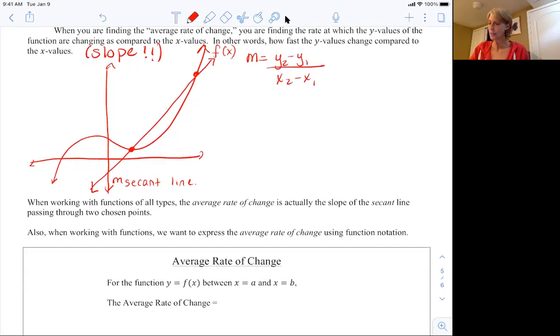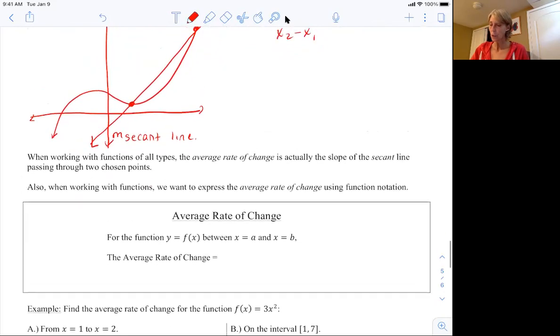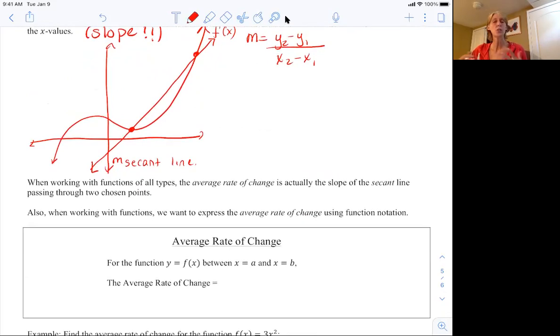In this case, this is your ordered pair x1, y1, and this is your ordered pair x2, y2. Okay, that's how you are used to seeing it. When working with functions and describing the average rate of change, we're going to want to use it as a formula.